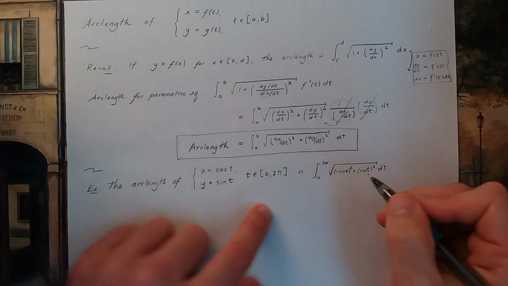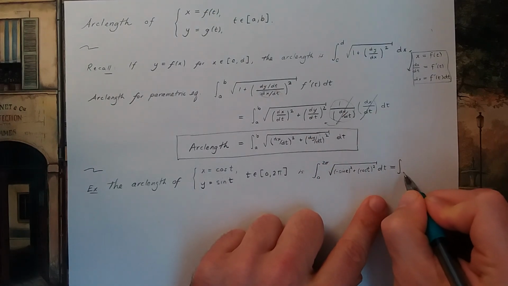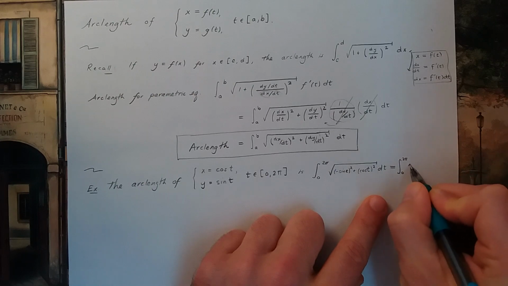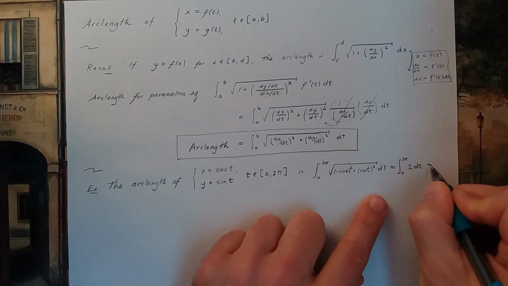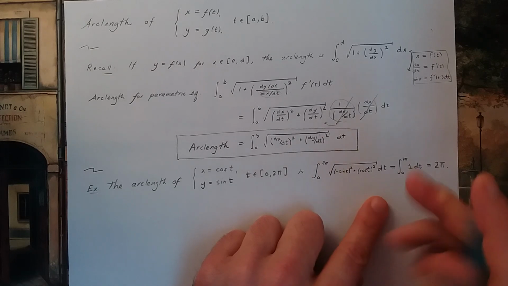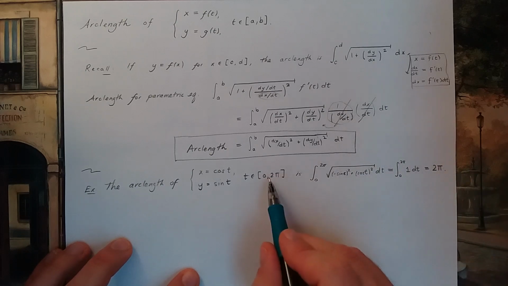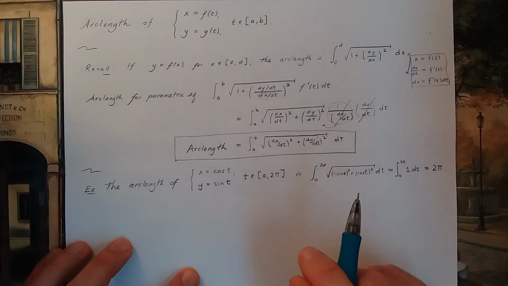Now we all know the identity sine squared plus cosine squared is equal to 1. So this is just the integral from 0 to 2 pi of 1 dt, which, if you evaluate, gives you 2 pi. That's what I would expect. That gives me the circumference of a circle of radius 1, which is 2 pi.